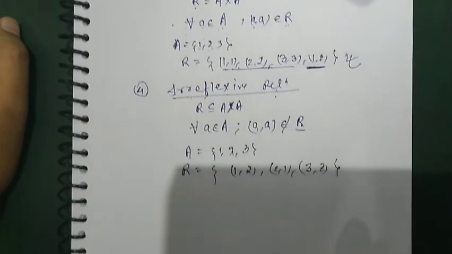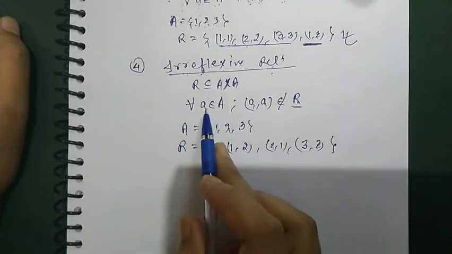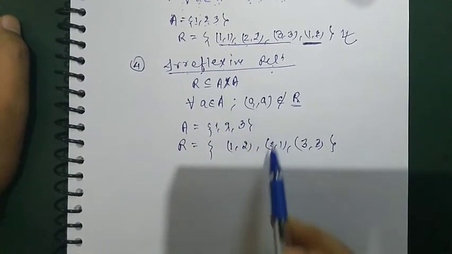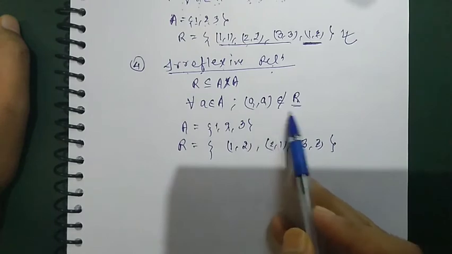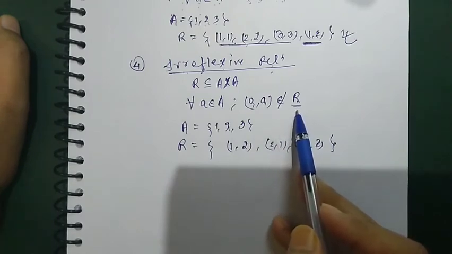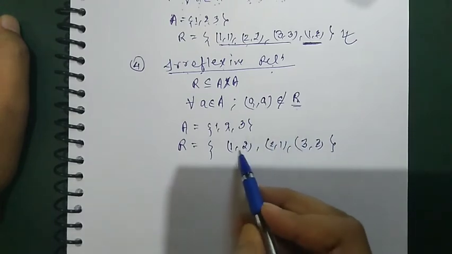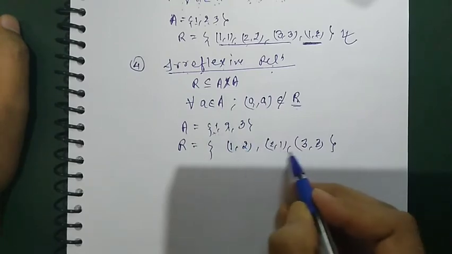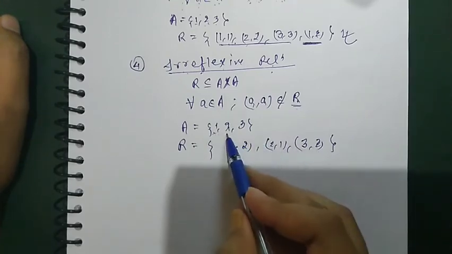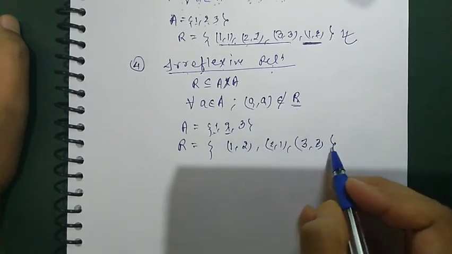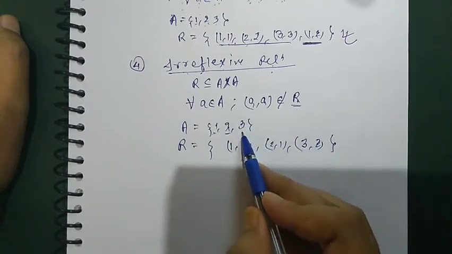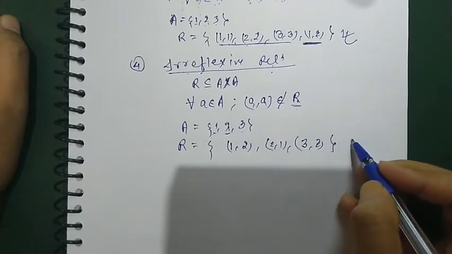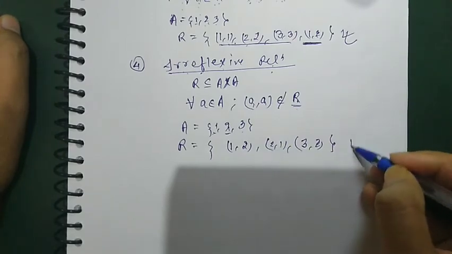The condition is that for all elements belonging to the set, the ordered pair of the type (a, a) doesn't belong to the relation R. Here (1,1) is not here, for the element 2, (2,2) is also not here, for the element 3, (3,3) also is not here. So this is an irreflexive relation.